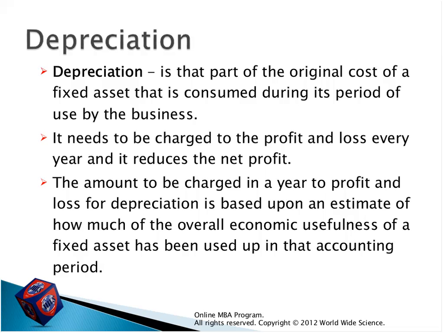Another one: the amount to be charged in a year to profit and loss depreciation is based upon an estimate of how much of the overall economic usefulness of the fixed asset has been used in the accounting period.